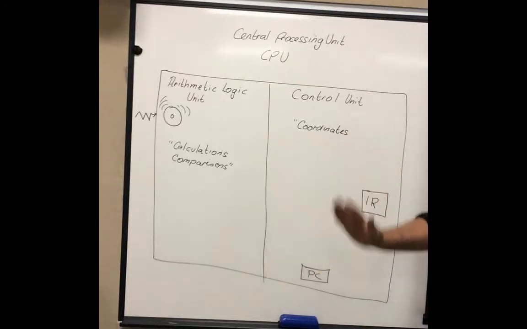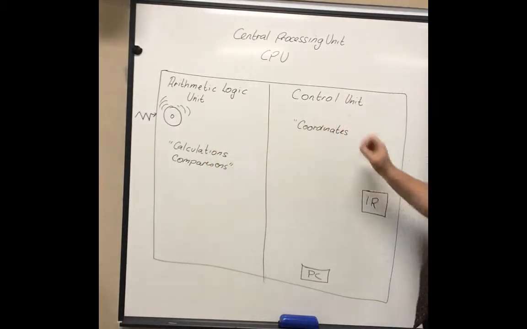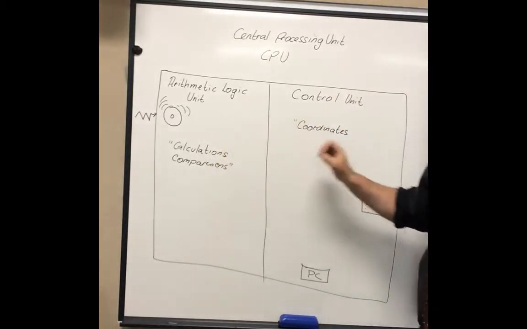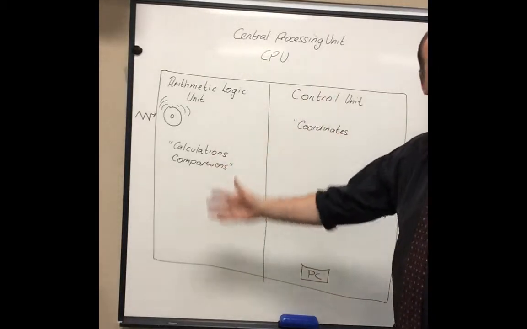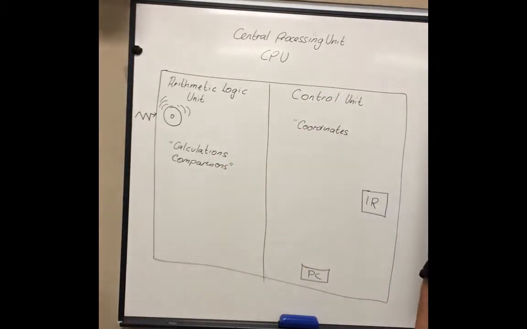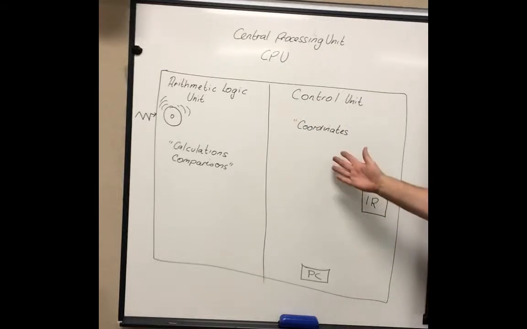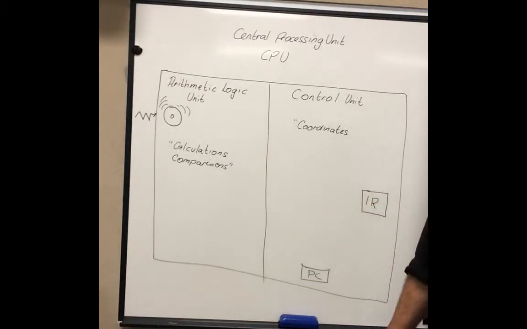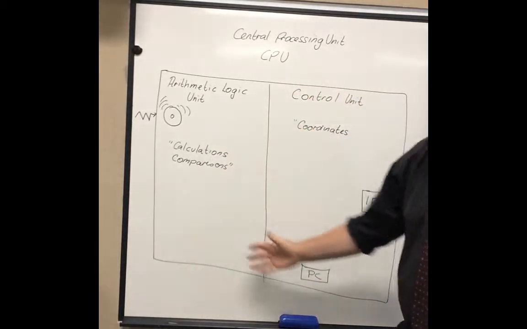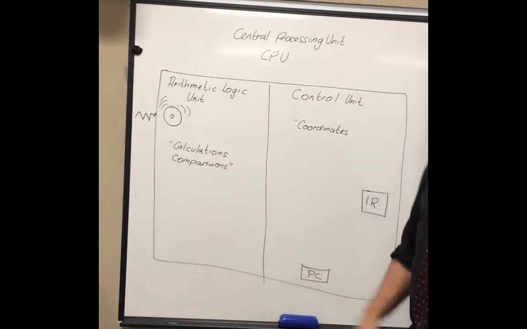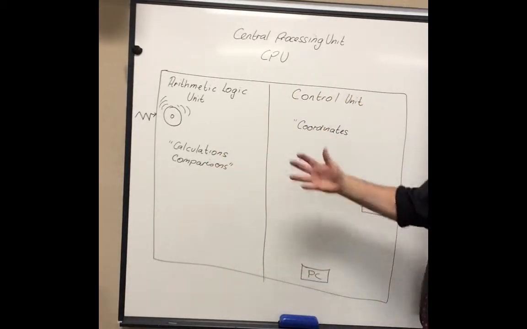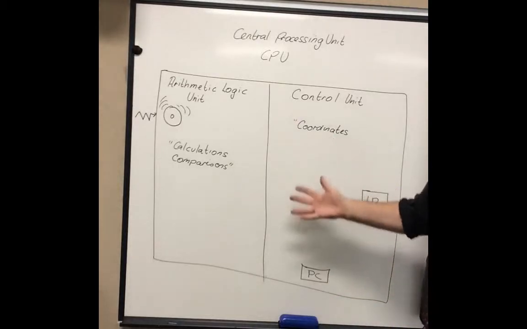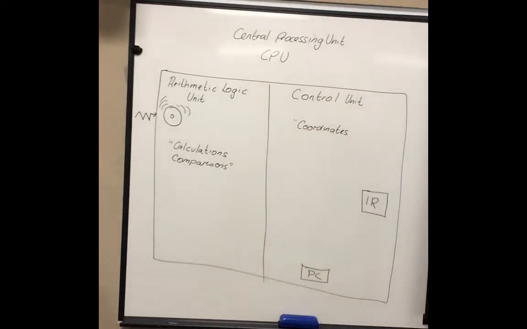The control unit's job is to coordinate all the parts within the CPU during the processing of data. It has to coordinate everything in the CPU for the data to be processed, and it's responsible for making sure that the data is actually processed.